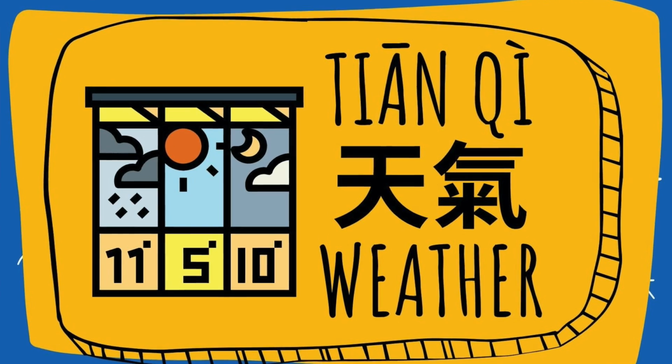The word for weather is 天氣. First tone, 天. Second tone, 氣. The weather. The word for good weather is 好天氣. If you recall, in a different module, we have learned the word for good is 好, like 你好, which means you good.